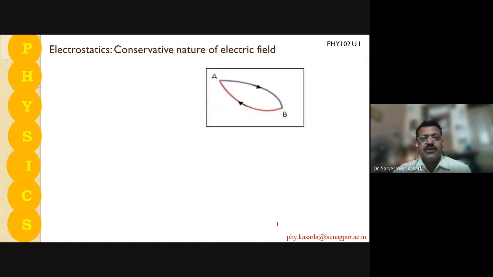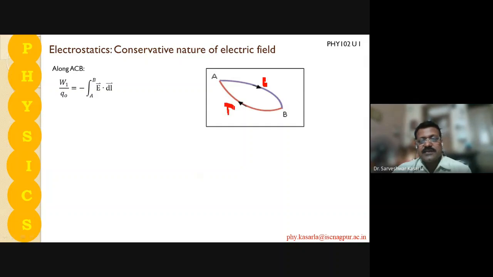Okay, let us continue with the conservative nature of electric field. So electric field is conservative. So let us see what is the conservation of the electric field. If you move the charge along ACB, this might be C here and this might be D here.